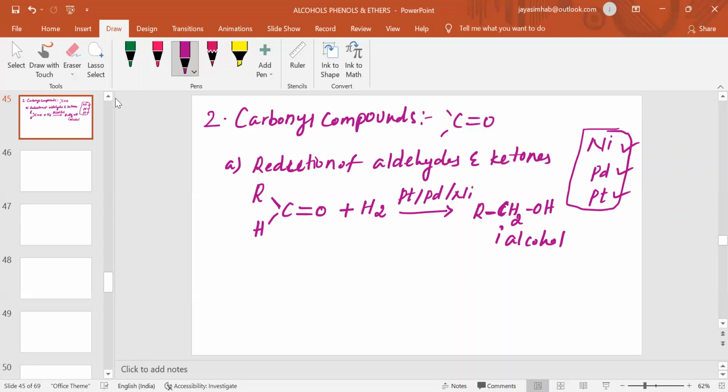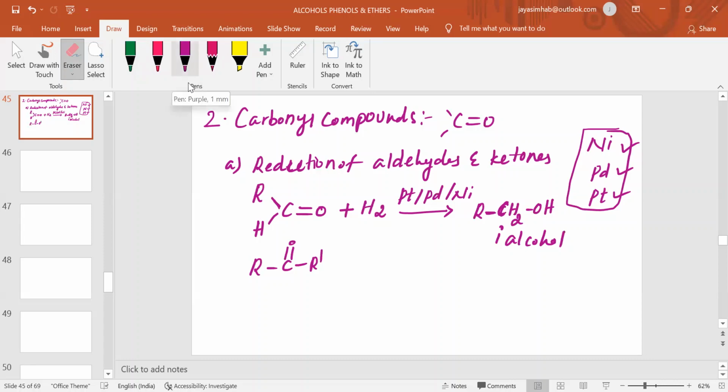So next one, ketones. Aldehydes and ketones, how they are reduced. If we take a ketone, the ketone will be R-C double bond O-R prime, plus H. You can reduce with catalytic hydrogenation, or you can also use a reducing agent.